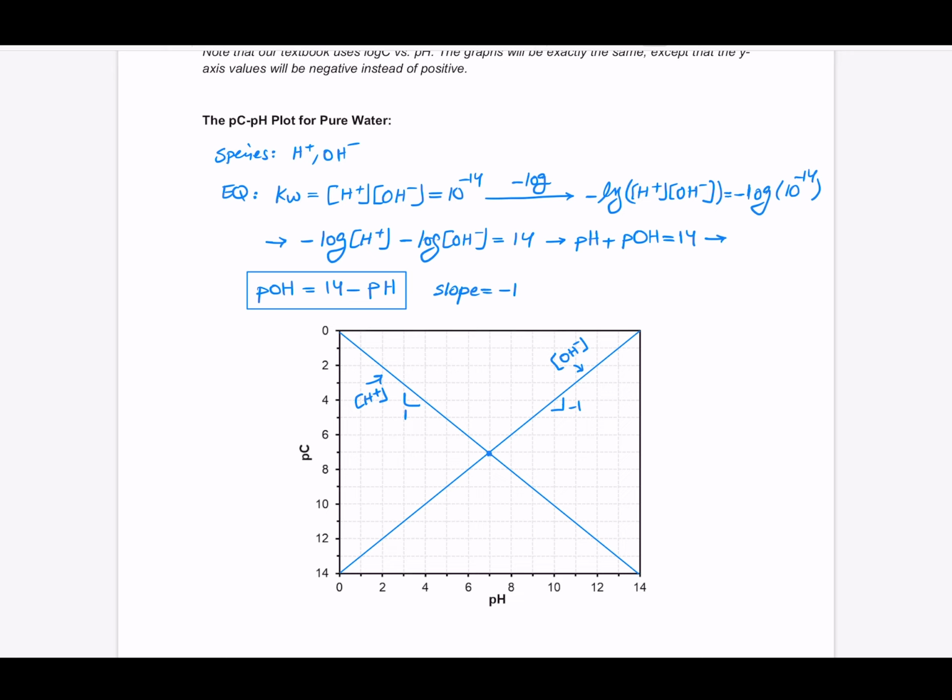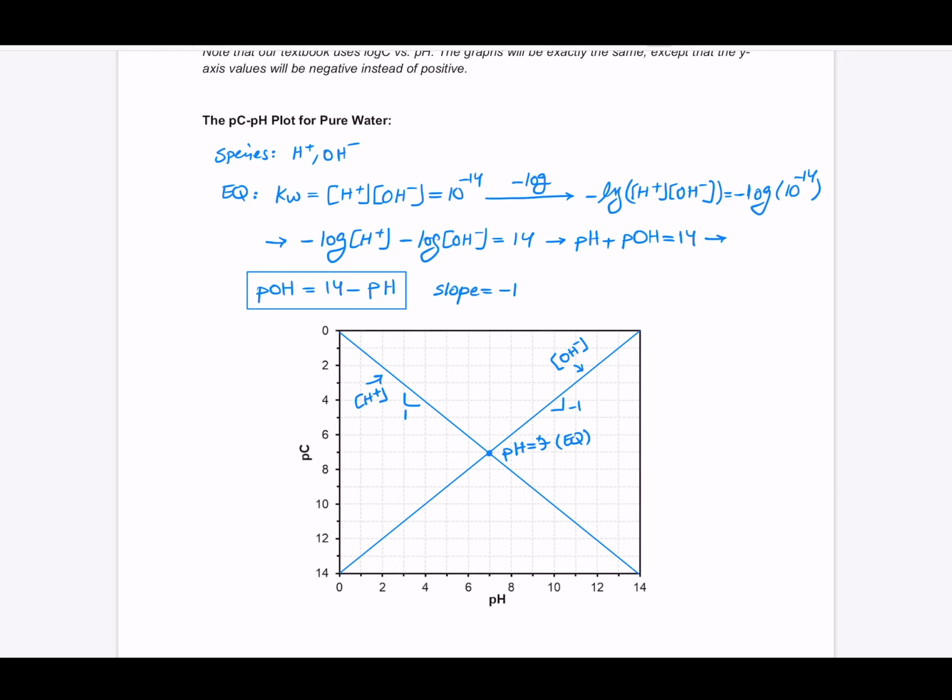And then at some point the concentrations of H plus and OH minus are the same, which is basically the equilibrium, or at pH 7, which represents the equilibrium at 25 degrees C. So two things.